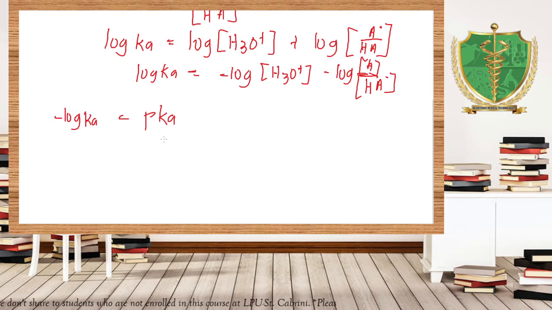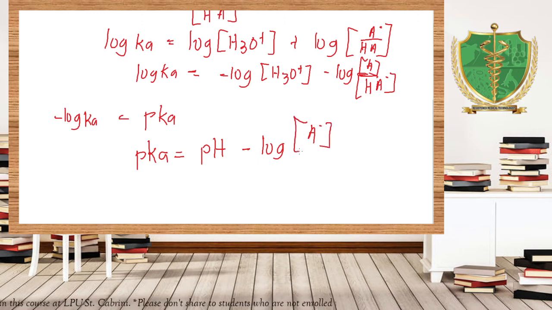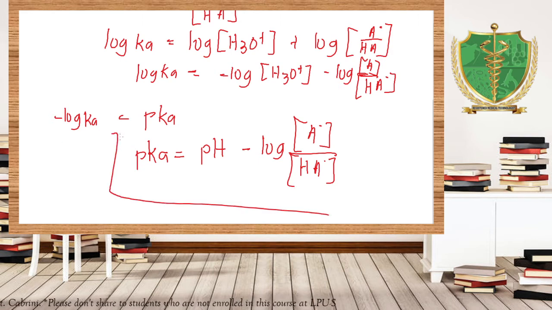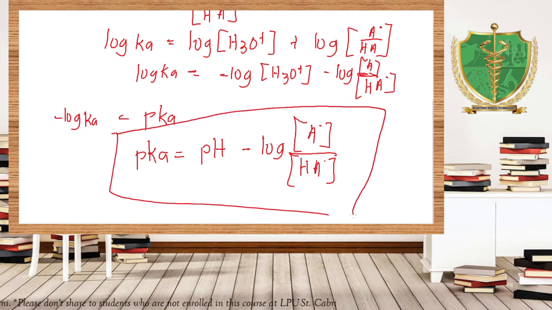Therefore, it is simply our pKa is equals to the pH minus log A over HA. So this is our Henderson-Hasselbalch equation. Okay?